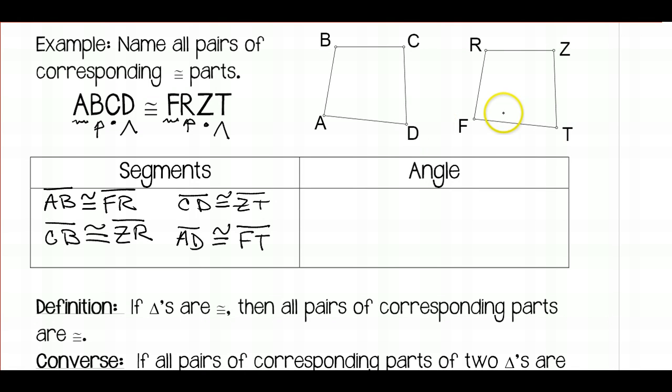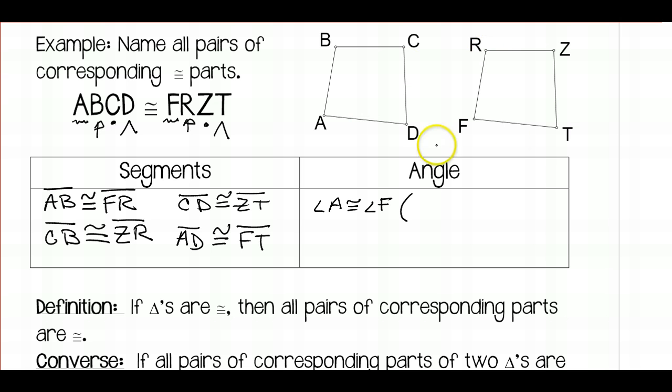Now the angles, it's going to be the same way. Since A is first, it's going to correspond to F, so I could write angle A is congruent to angle F. Okay, if I wanted to use 3 letters, I could.